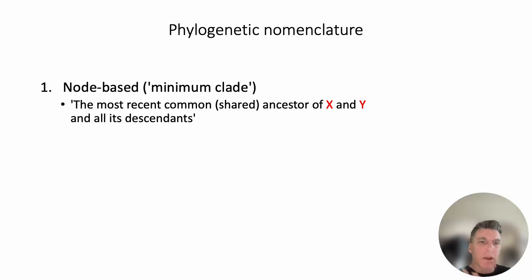More recent work often calls it a minimum clade name, and hopefully you can see why as we develop this idea. These names take the form, the syntax, of the most recent common ancestor of X and Y and all its descendants, where X and Y are taxa, often species, but they could be already named higher groups. Remember, when we're talking about common here, we're talking about shared.